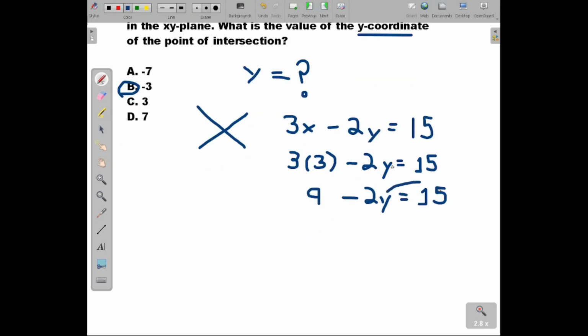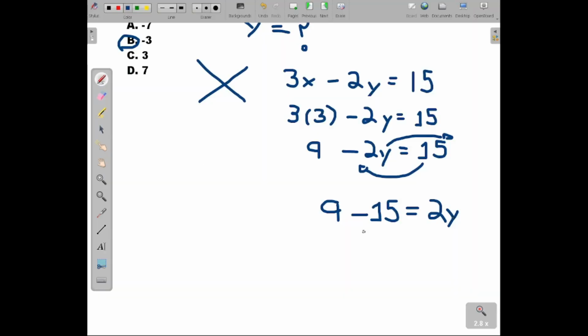Now this 2y can go to the other side of the equation with a change of sign, and this 15 can come to the left side of the equation with a change of sign. 9 minus 15 is equal to positive 2y. 9 minus 15 is negative 6 equal to 2y.